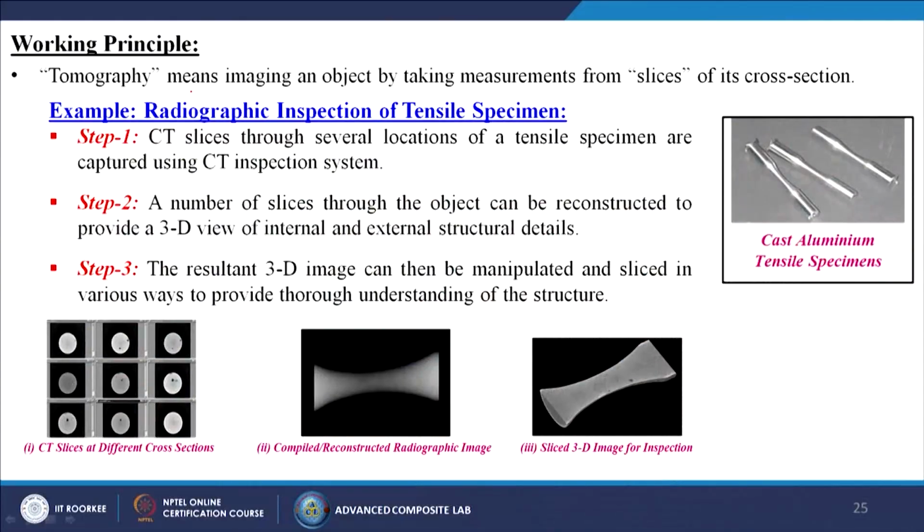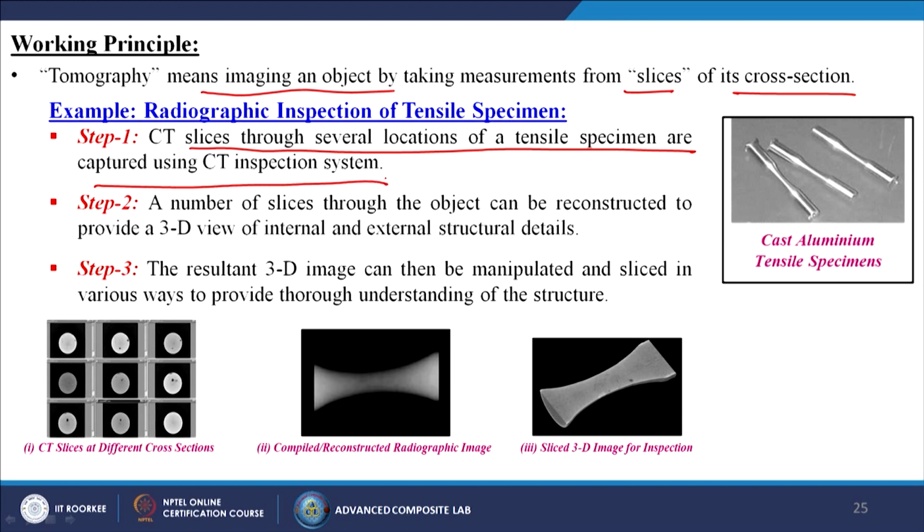Now, what is the working principle? Generally, tomography means imaging an object by taking measurements from slices of its cross section. Example, radiographic inspection of a tensile specimen. Step 1, CT slices through several locations of a tensile specimen are captured using the CT inspection tables. So, in this case you can see CT slices at different cross sections.